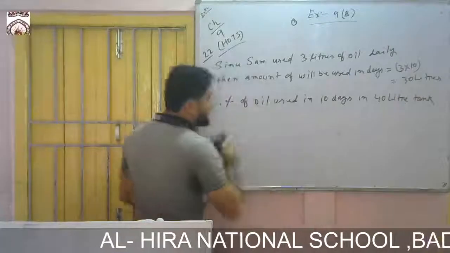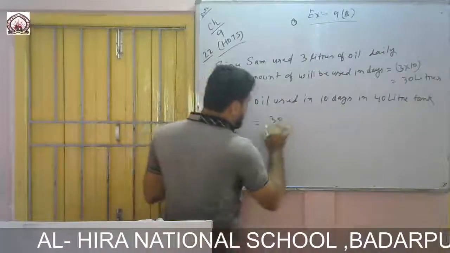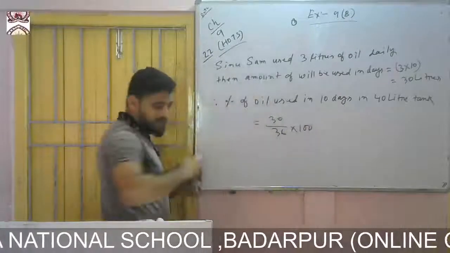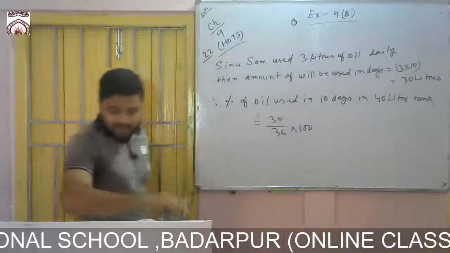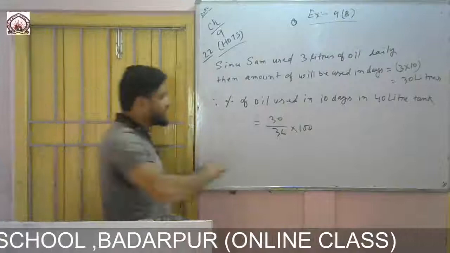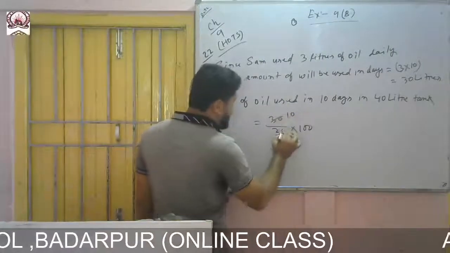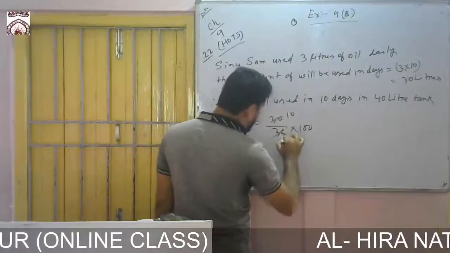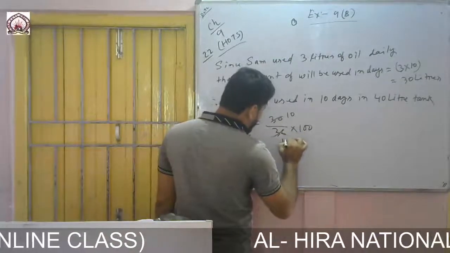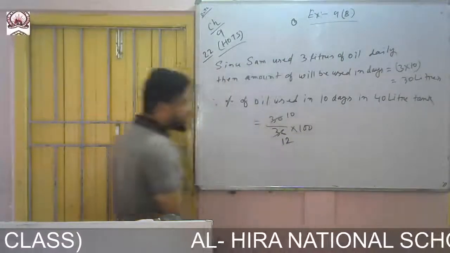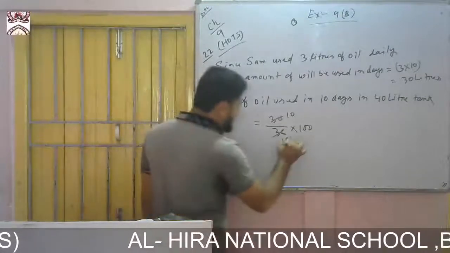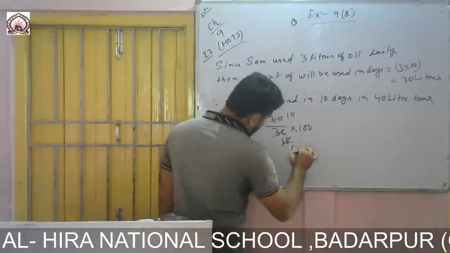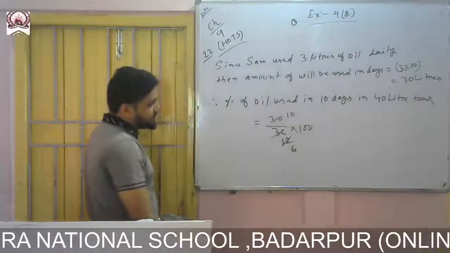Let me do it again: 30 by 36 into 100. If I cancel with 3, then 3 tens are 30, and 3 twelves are 36. Now I can cancel this, keeping the 10, and 6 twos are 12.